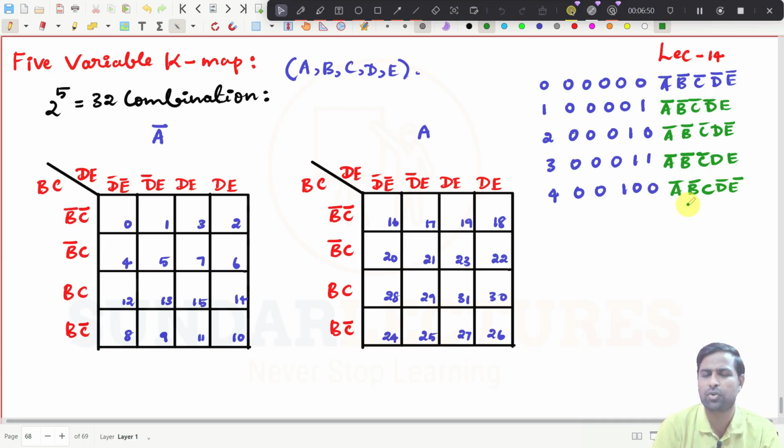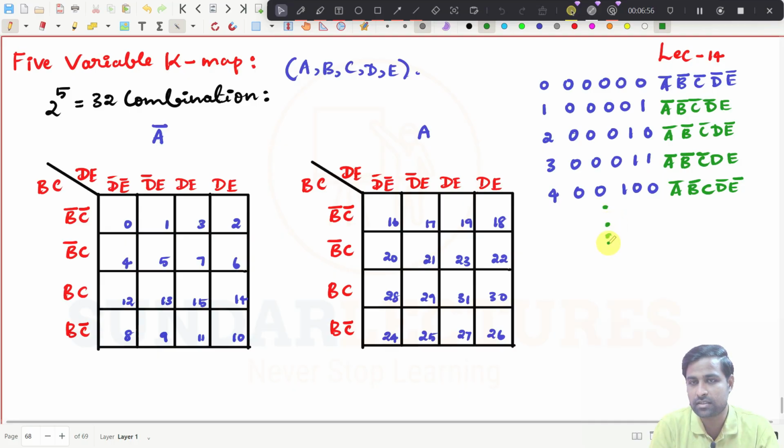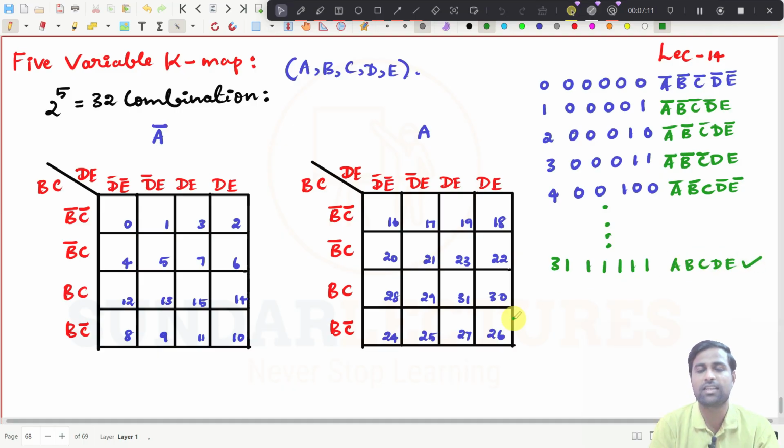Am I right or wrong? So this is how we generally write the min terms, and this will go until 31. So what is 31? It is 1, 1, 1, 1, 1, five ones. So the value will be A, B, C, D, E. So this is the final answer.